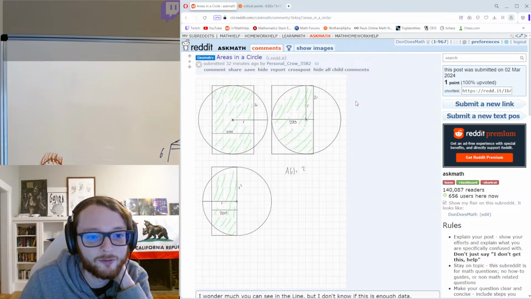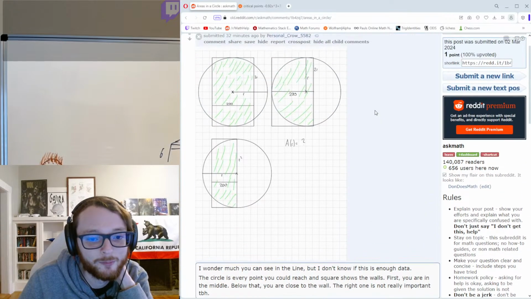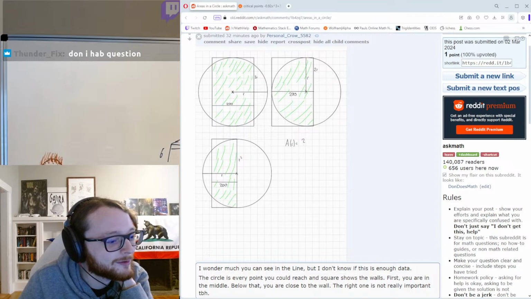Areas in a circle. Oh no. What is this? The right one is not really important. You have a question? Oh, please post it then.